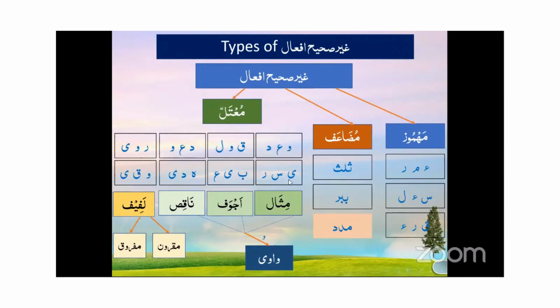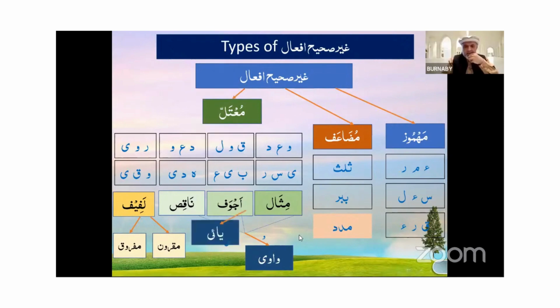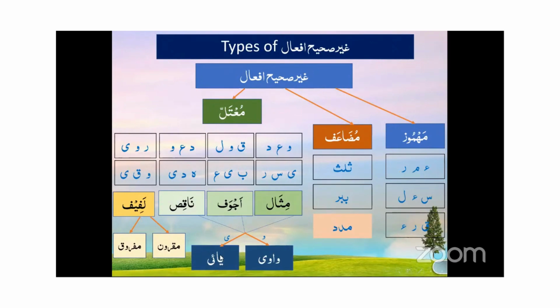So we will call it, another distinction, another name. We will say this verb is misal wawi. Wawi means it has a waw in it. So it's just simple terminology. And then if there is a ya in the misal, then we will call it misal yai. So far so good?